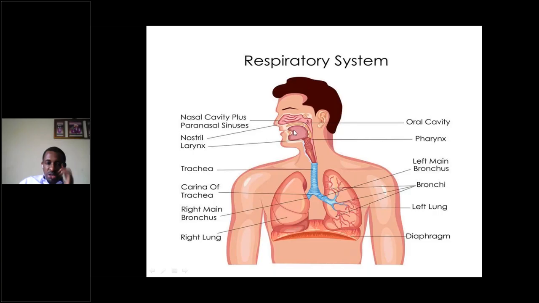Through the nostril to the larynx, to the pharynx, it goes down through the trachea. Then at the carina of the trachea, there's a branching out. You have the left bronchioles, the right bronchioles, the left lung, the right lung. Under the bronchiole, you now have the bronchi. Bronchi is where you have the cells and the capillaries, where there is transfer of oxygen or CO2, depending on where we are coming from.